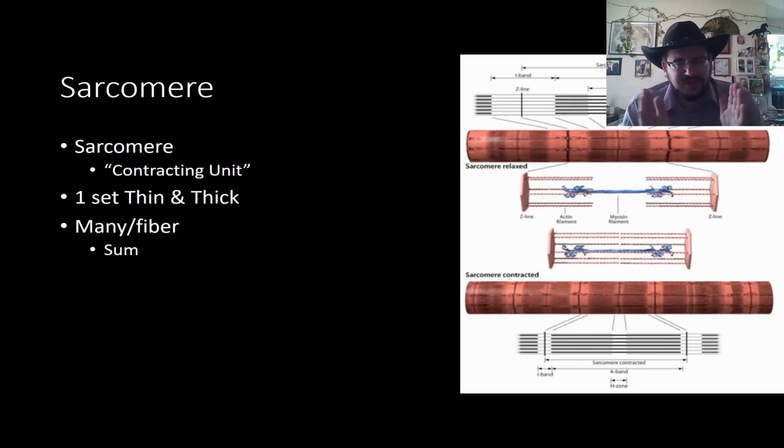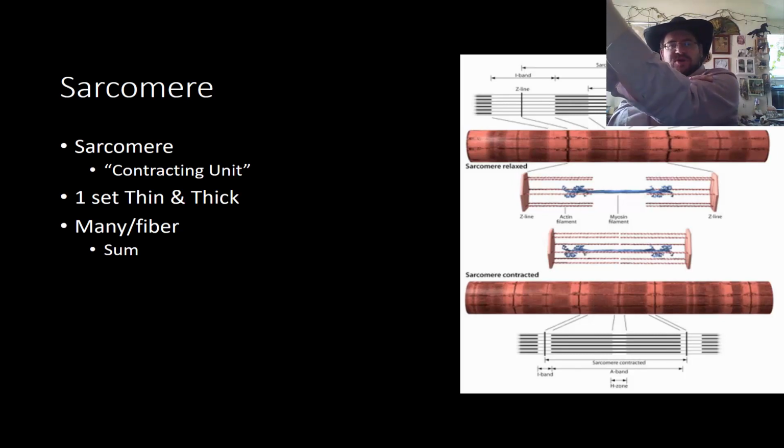More sarcomeres means more contraction. And different numbers of sarcomeres can contract in a single muscle fiber, right? Because I have fewer sarcomeres contracting here than here. So you get graded amounts of contraction, and that means different amounts of sarcomeres are contracting.